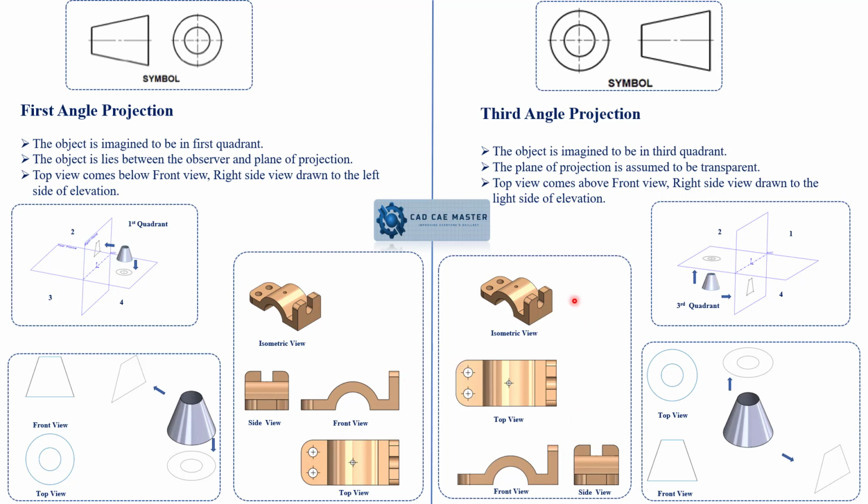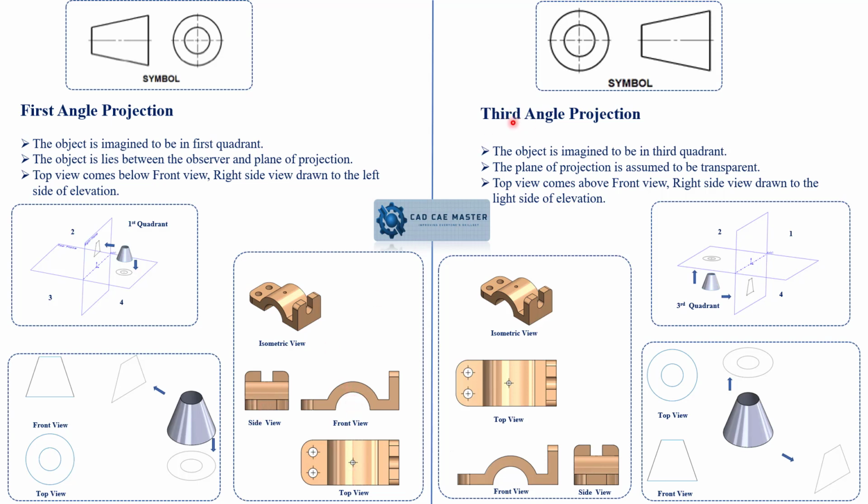In short, to summarize, let's say if someone asks you to draw your drafting with respect to the first angle projection, you just need to remember this symbol, front view first, and then the bottom the top view should come. Okay, and then beside the front view you should have the side view.